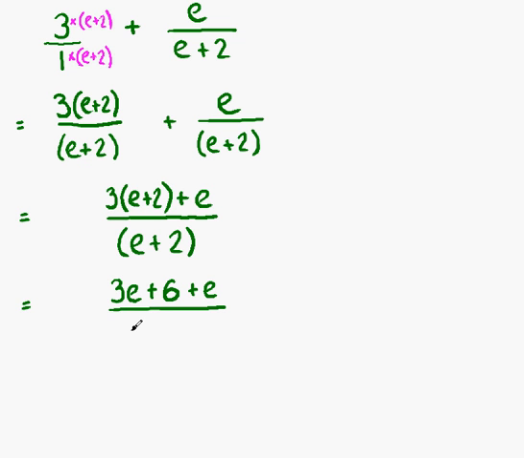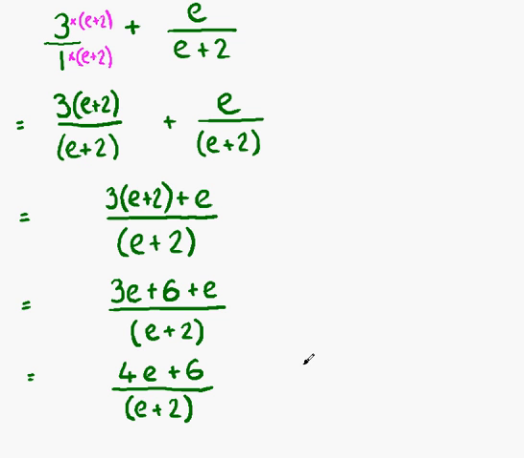So we have 3e plus 6 plus e over e plus 2. So collecting our like terms, 3e add e gives us 4e. Still have our plus 6. And on the bottom we still have e plus 2.